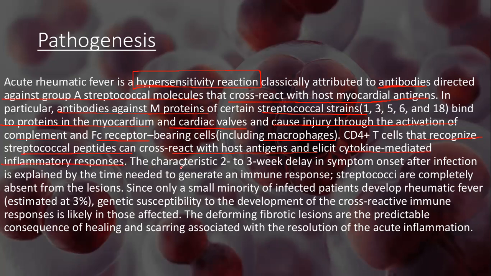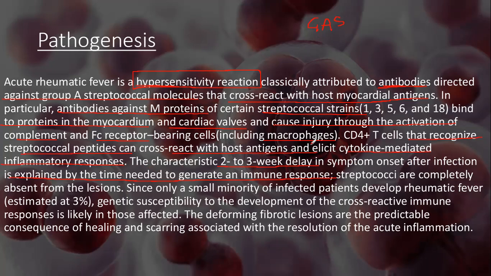Now, the characteristic 2 to 3 week delay in symptom onset after infection is explained by the time needed to generate the immune response. So at first, the patient will have a group A streptococcal infection.